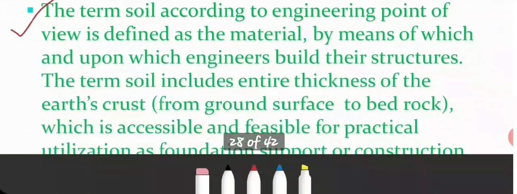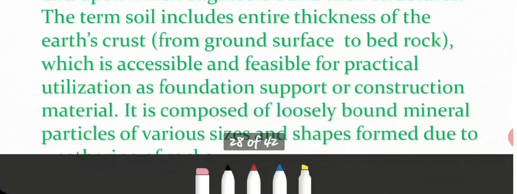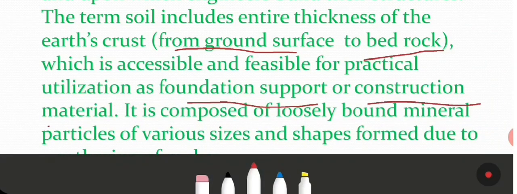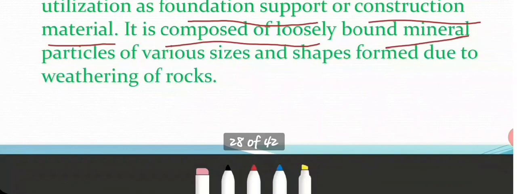The term soil includes the entire thickness of the earth crust from ground surface to bedrock, which is accessible and feasible for practical utilization as a foundation support or construction material. It is composed of loosely bound mineral particles of various sizes and shapes formed due to weathering of rocks.